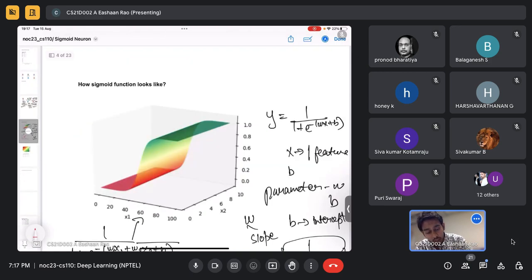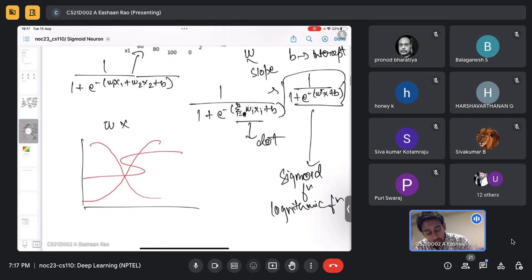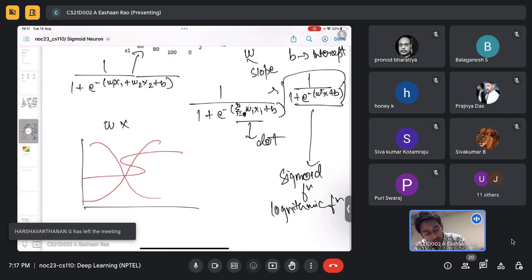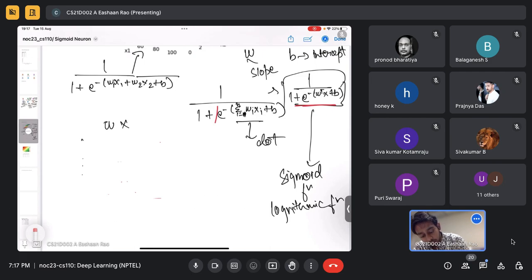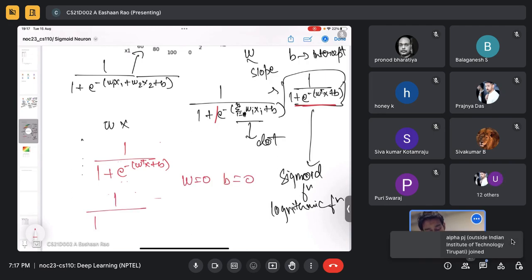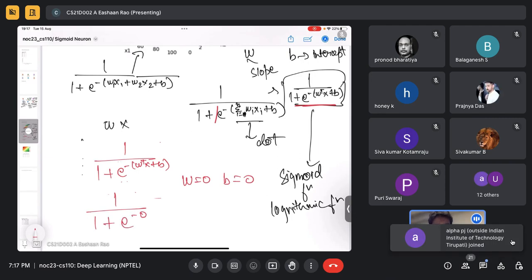Suppose w is 0 and b is 0. If I put this into the equation, it becomes 1 over 1 plus e raised to 0. Anything raised to 0 becomes 1, so it becomes 1 over 1 plus 1, which equals 1 by 2.